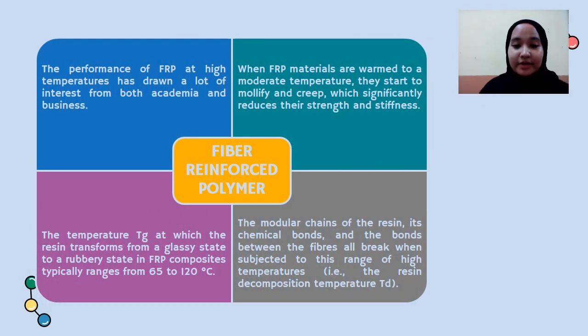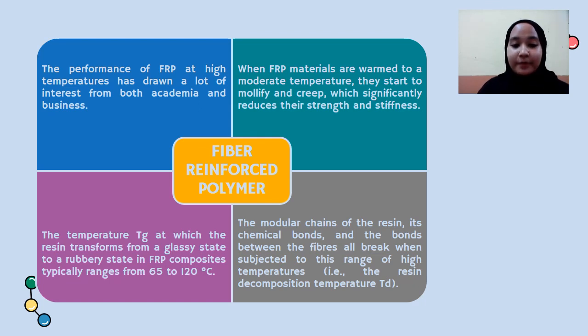Next, fiber reinforced polymer, or we call it FRP. FRP at high temperatures has drawn a lot of interest from both academia and business. When FRP materials are warmed to a moderate temperature, they start to soften and creep, which significantly reduces their strength and stiffness.